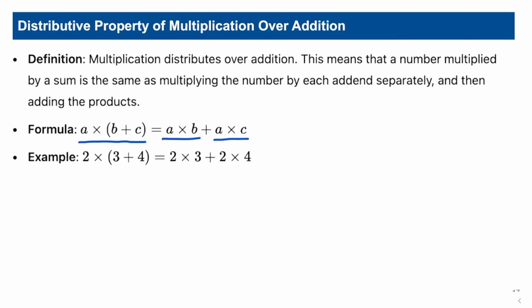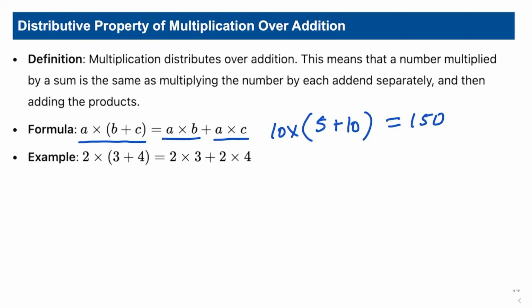For example, I have 5 boxes of cookies. Each box has 10 cookies. My brother has 10 boxes of cookies. Each box is also 10 cookies. So altogether, we have 5 plus 10 boxes of cookies. Each box is 10. So we have 150 cookies in total.